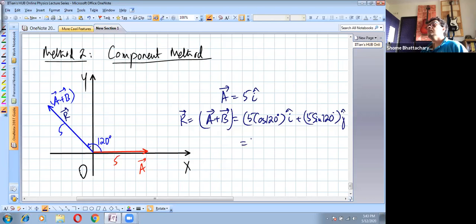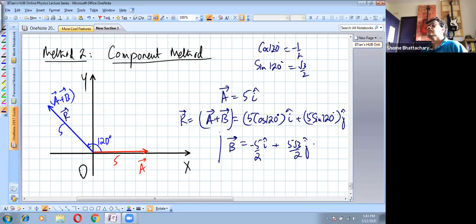Cos 120 is minus cos 60, which is minus half, and sin 120 is positive sin 60, so root 3 by 2. So this becomes minus 5 by 2 i cap plus 5 root 3 by 2 j cap. So this becomes the vector A plus B, my mistake.